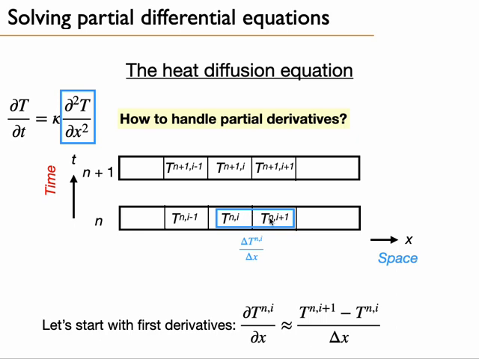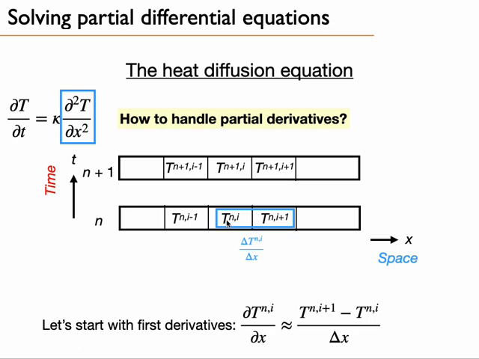So we take T n, i plus 1 minus T n, i, and we scale it by delta x. This gives an approximation of dT/dx evaluated in between those 2 points. So on this face here, at this coordinate, we have this first derivative.